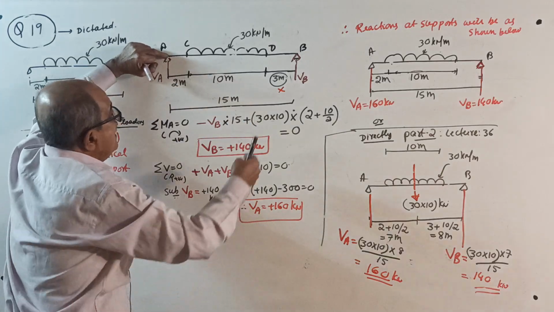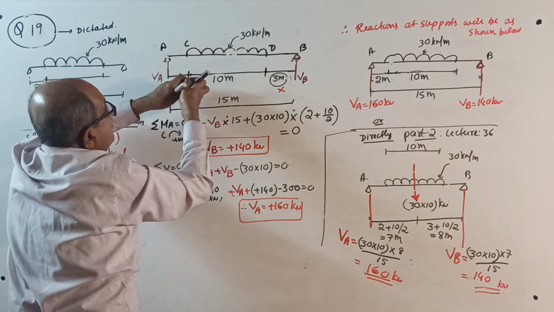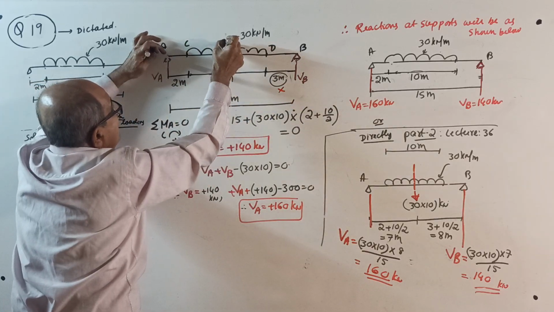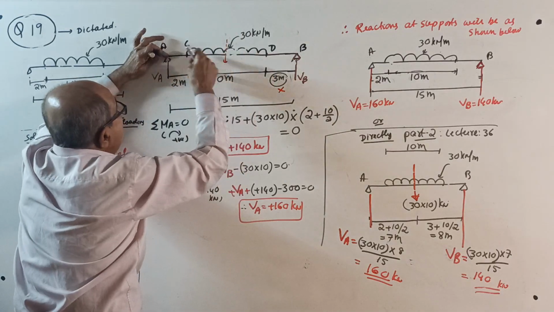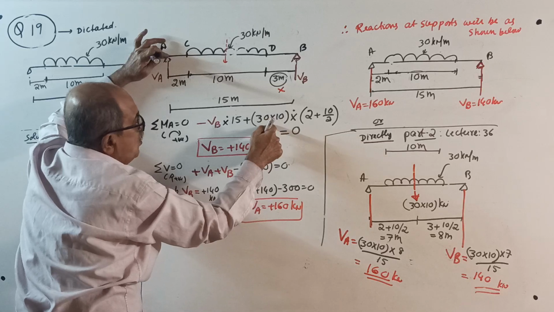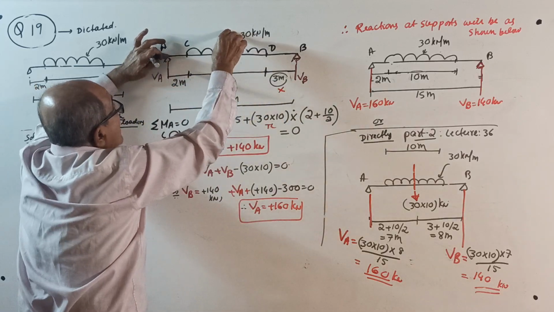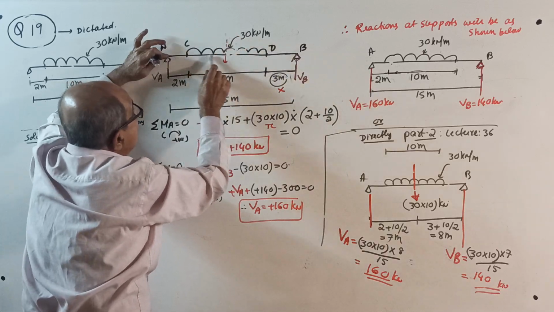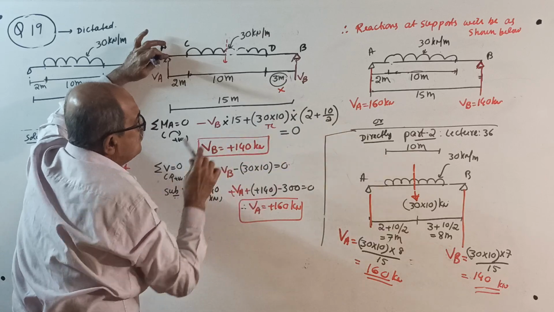Take moment about A. Minus VB into 15. See, once again, every class I am telling. Total load, 30 into 10 is the total load, multiplied by the line of action of total load, which is through the center of the UDL, 2 plus half of 10, equal to 0.